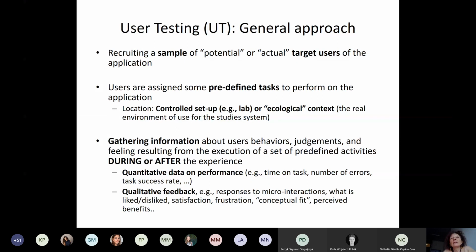Actual users are users that may have already used that application or a similar application. Of course, in your case, you will only have potential users, because it's your own application and you probably have not published it to the wide public yet.